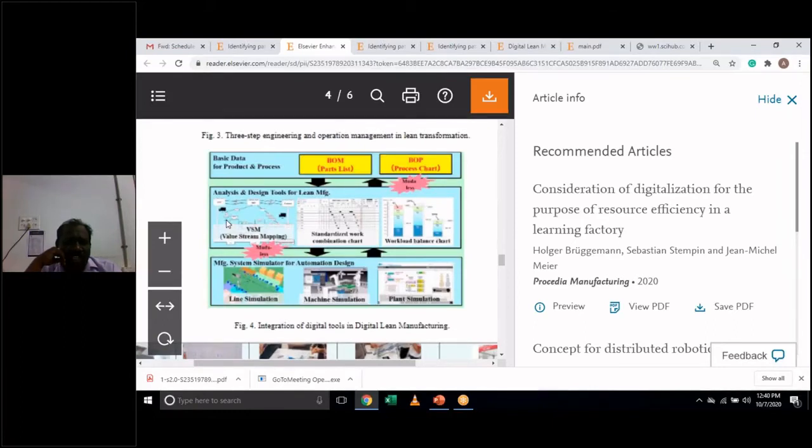There is simulation: plant simulation, machine simulation, line simulation, and layout simulation. These are the key areas where integrated digital lean manufacturing is important for this scenario.